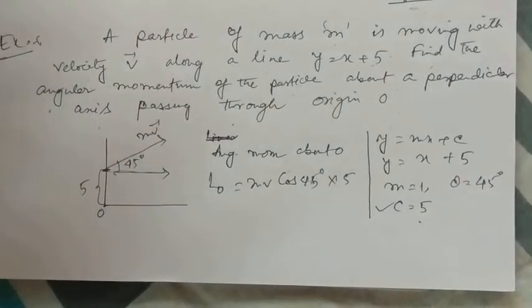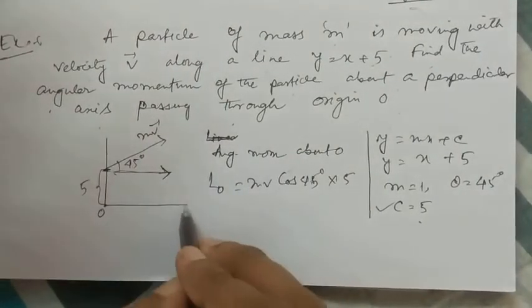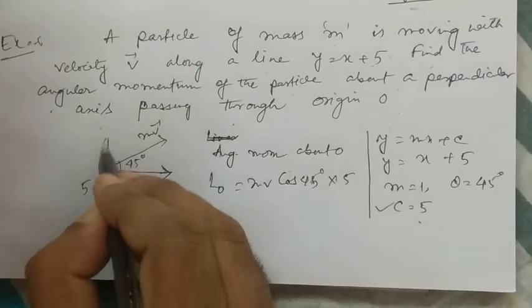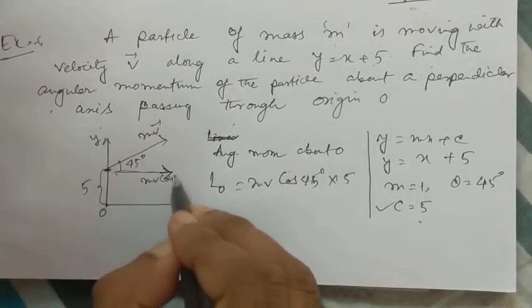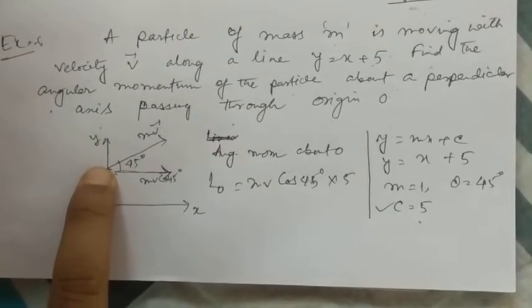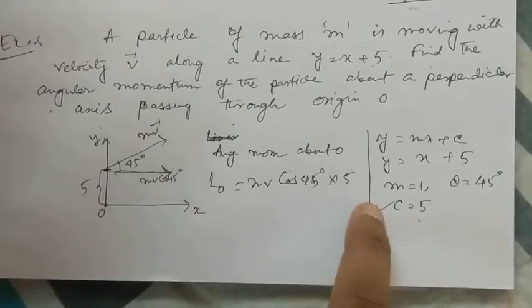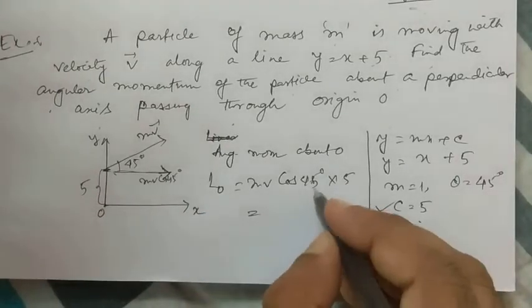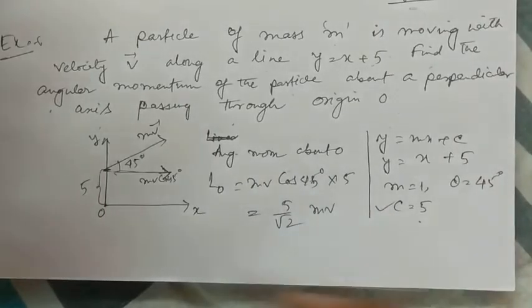Now why did I write this? This is the component which is acting parallel to the x-axis, that is m v cos 45, and the distance of separation, that is r, is 5. So m v cos 45 into 5, which you can get as 5 by root 2 m v units.